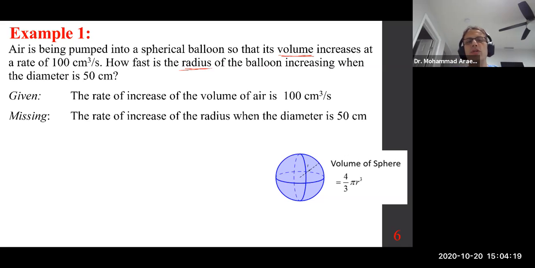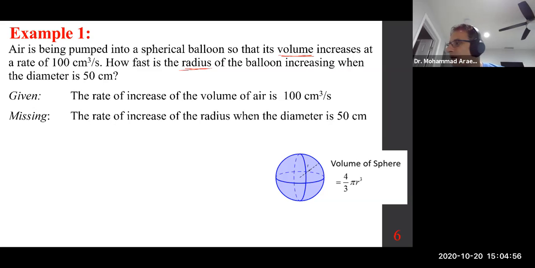Anytime we do a word problem, it's important to understand the problem by reading and rereading, see what's given. So I wrote the given, and more importantly, we have to do it symbolically, class. So we write the rate of increase of the volume: remember, the volume is 4/3 pi r cubed. dV/dt is given as 100 cubic centimeters per second.